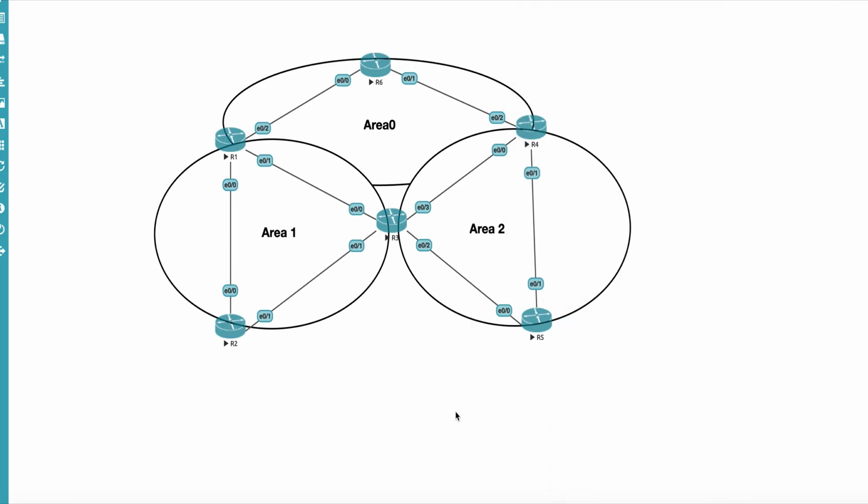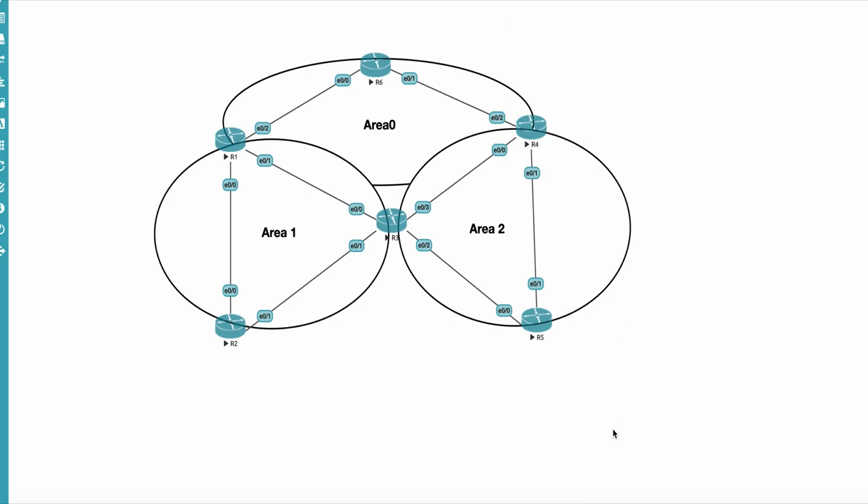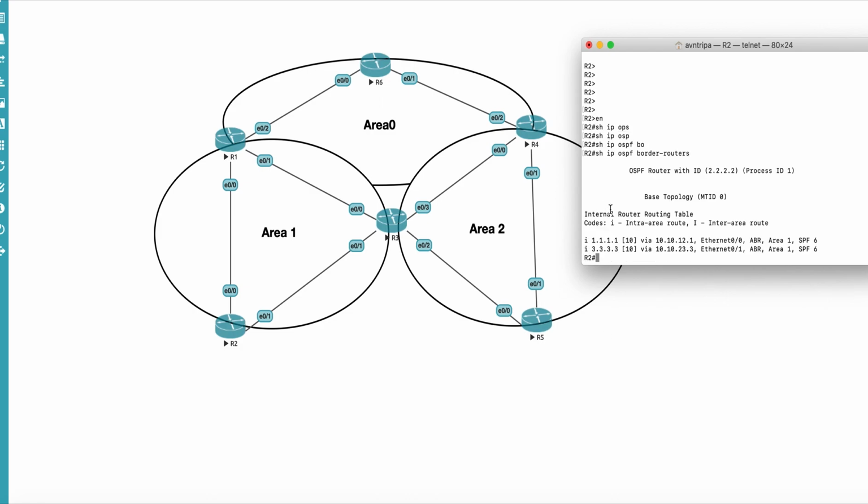So now what is the situation? How many border routers do we have? Let's check. Show IP OSPF border-routers. So we have R1 and R3, because you remember previously we created a loopback and put that in area 0.